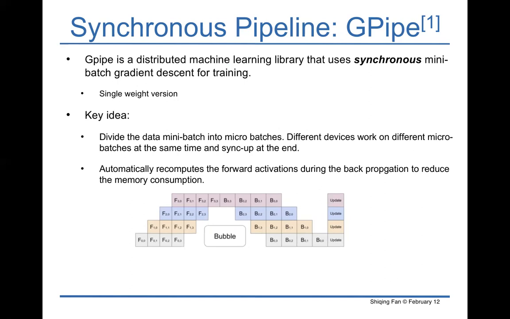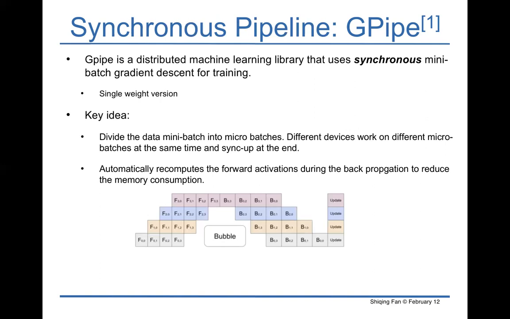The key idea of GPipe is that it divides the data mini-batch into micro-batches. And then different devices work on different micro-batches at the same time. These workers sync up at the end, and the gradients are updated when the entire mini-batch is processed.